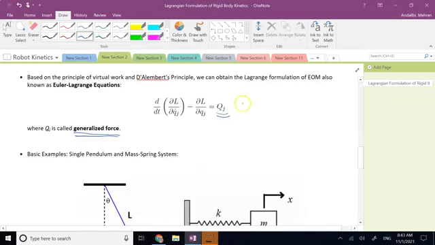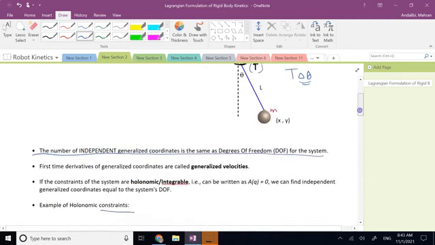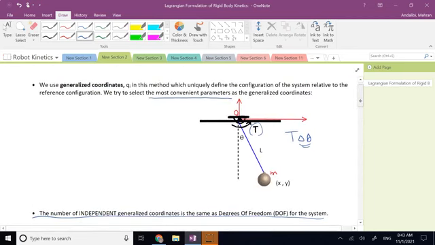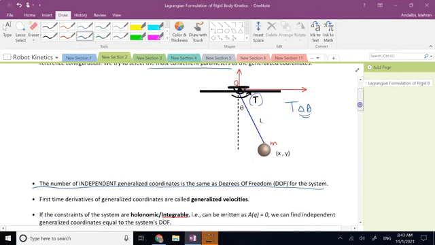Clearly, as I said, in this case, the work of that T is described using theta, not x and y. And if it's described using x and y, then finding the generalized force for x or for y, as we'll see, needs some further calculations and mathematical operations. So we'll get into more discussion of what I mean by most convenient.